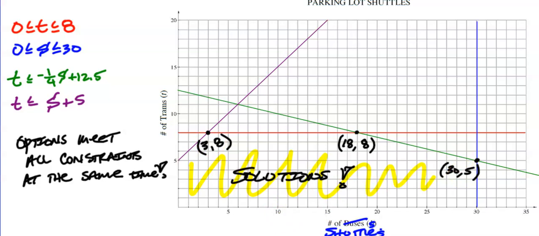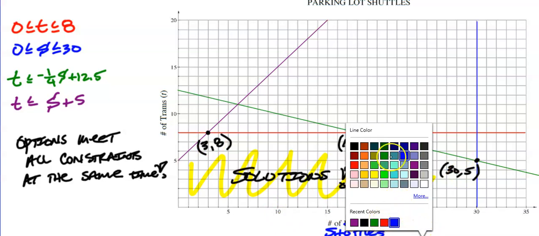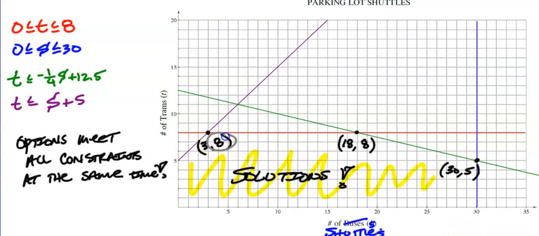I'll show you here. This is an 8. Maximizing the shuttles, or maximizing the tram. So those are our maximum points. Those are our options to max out. But all our solutions could be anywhere in here.